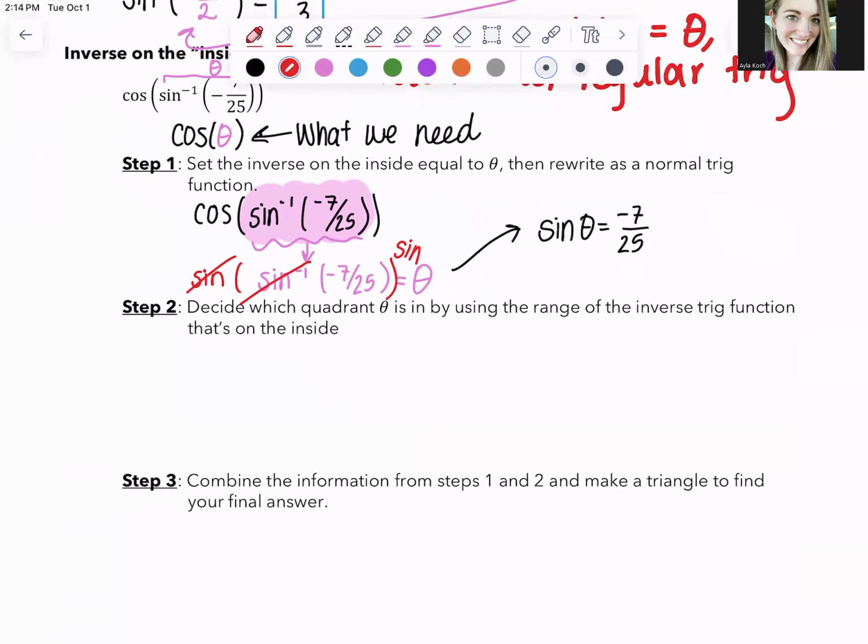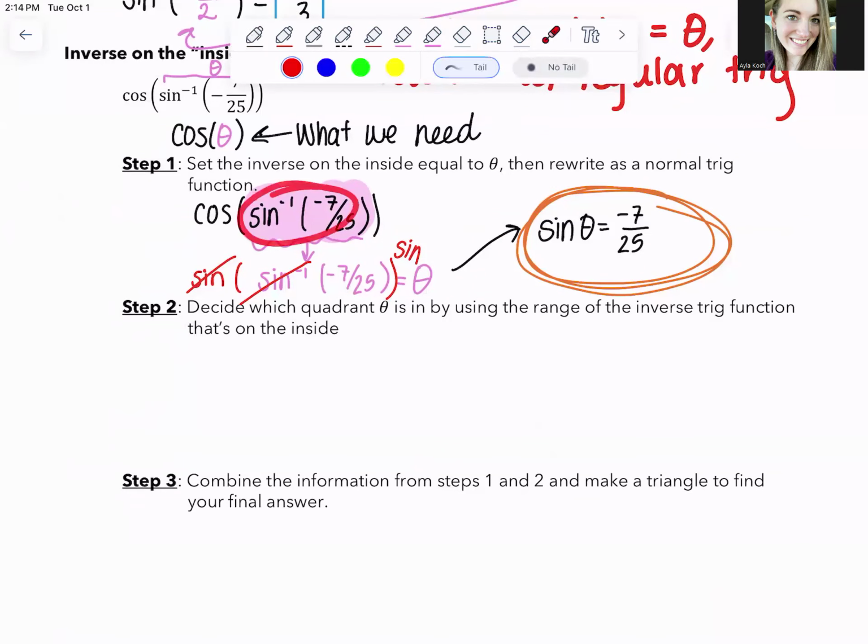All right. So we know that sine of theta is equal to negative 7 over 25. I'm going to circle it because that's one piece of information we need. The next part is deciding which quadrant theta is in by using the range of the inverse trig and the information we were given in step 1. So we know that theta came from sine inverse, right? That's where we got theta from.